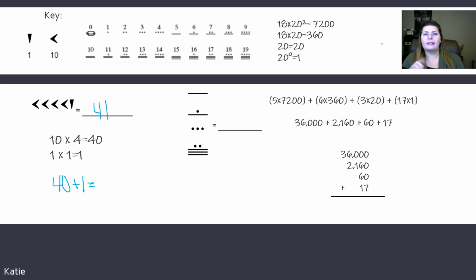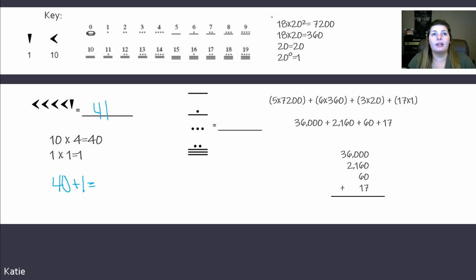But what about a little bit more tricky one? So we can take this one here. And again, all we're going to do is find the value for each symbol, okay? So this one is different because it is actually with a base of 20.